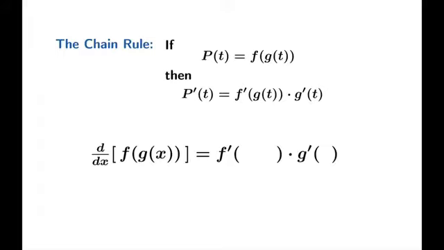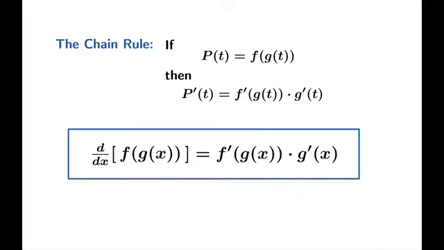The so-called inner function g sees the argument x first, so this is the easiest call. We should evaluate g prime of x. But what does f see? f sees the output of g, so when we evaluate f prime, we had better evaluate it at g of x. This statement of the chain rule is quite handy when you take derivatives of various functions you meet.